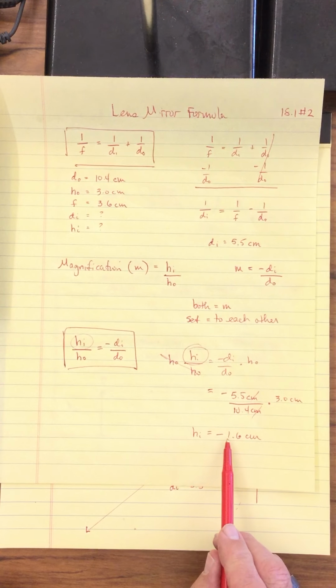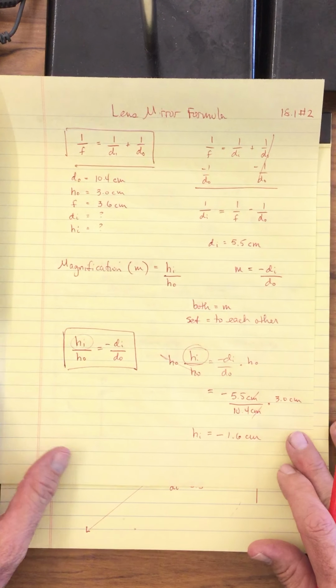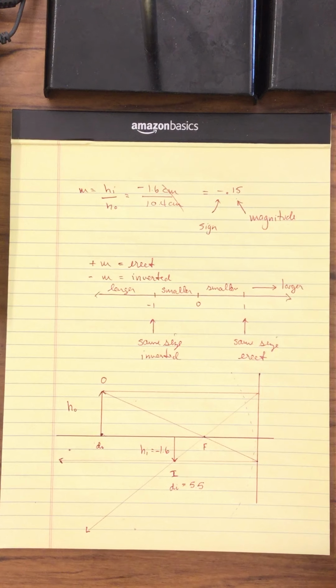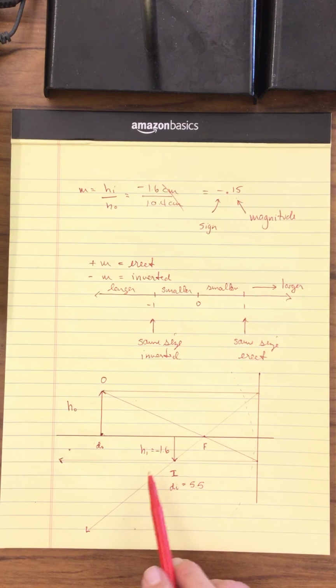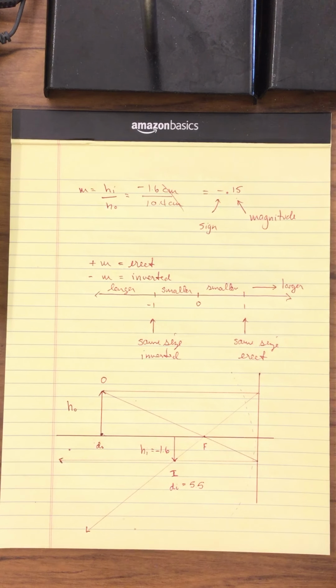That's what we calculated from the magnification formula. So the lens mirror formula is a beautiful formula for calculating where your image is going to be, and what the height is going to be with the magnification formula as well.